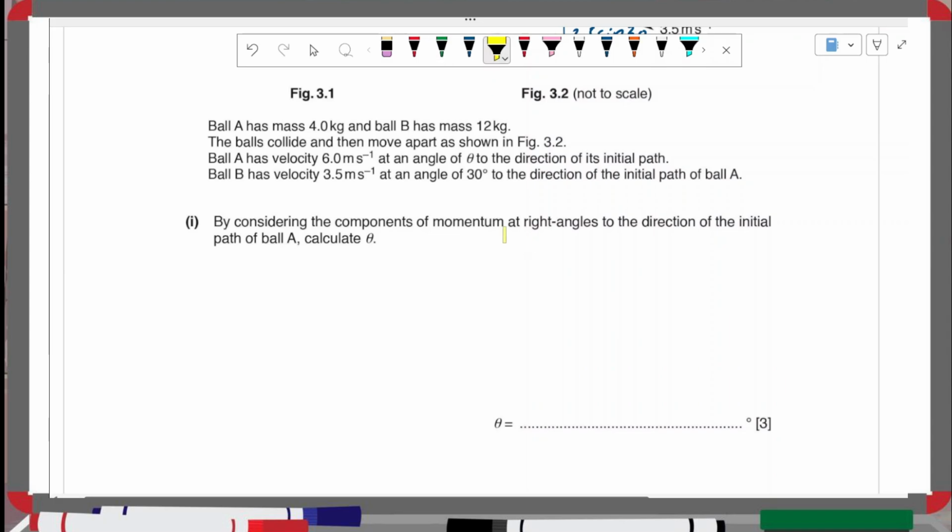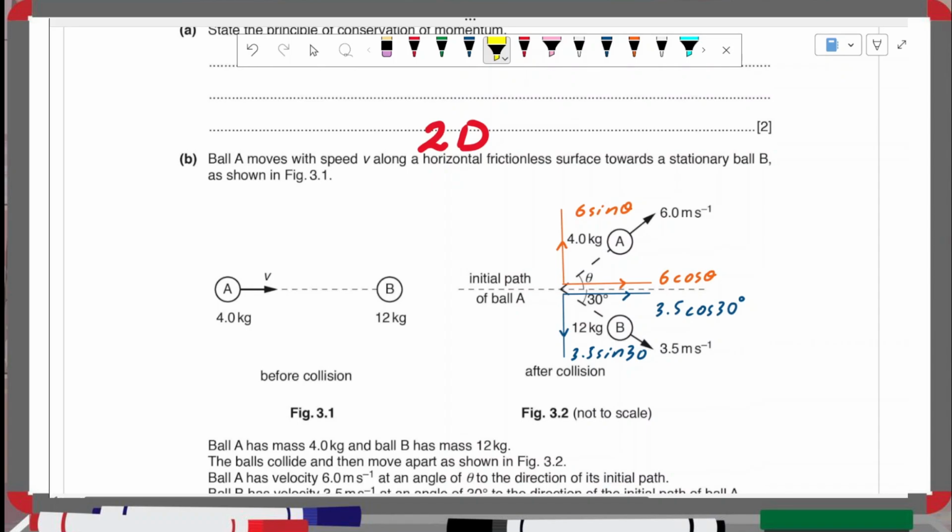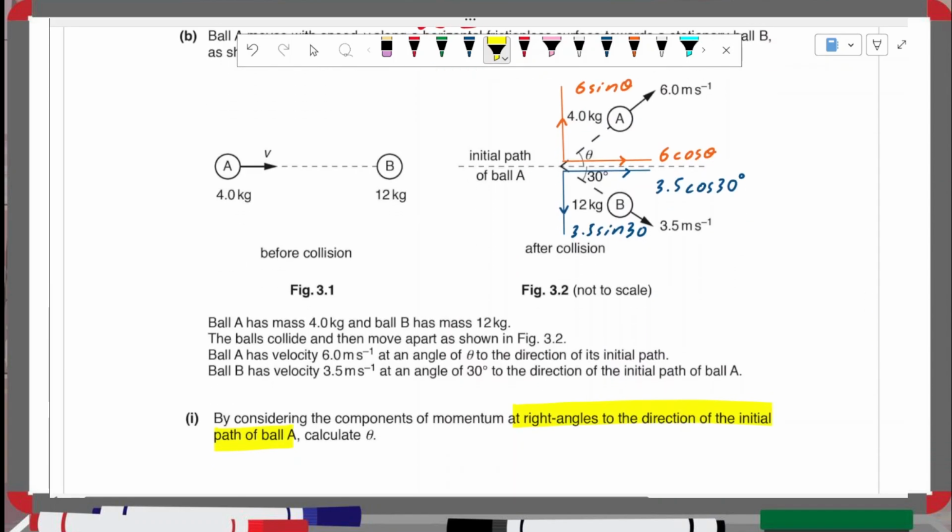But which one are they referring to? They're saying the one that is at right angle, or perpendicular, to the direction of the initial path. So they are asking us to consider the components of the vector along the y-axis.